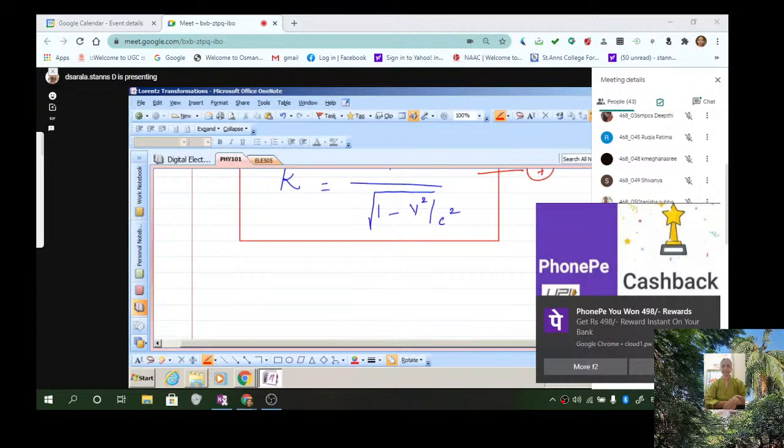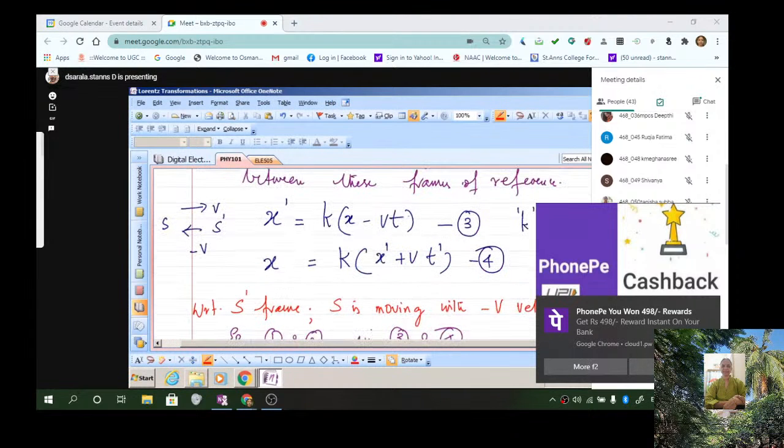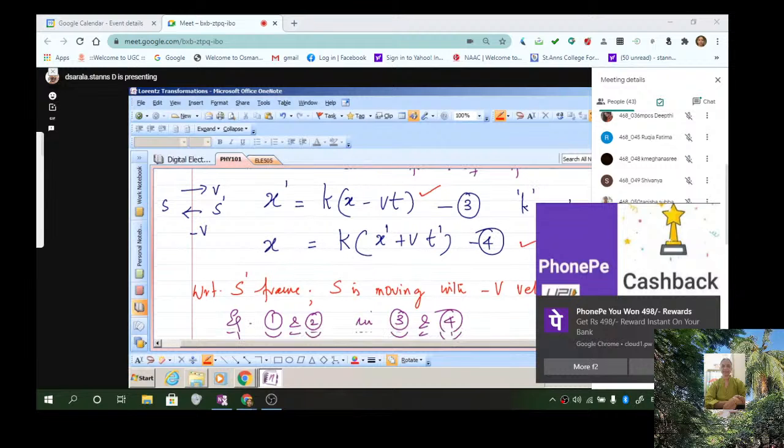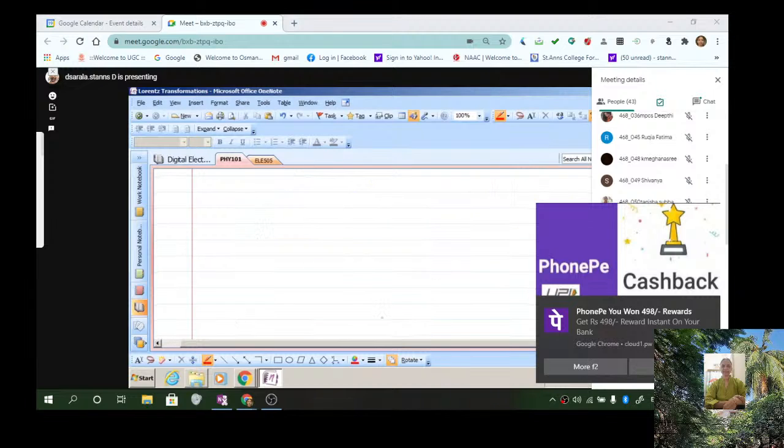So substituting back into which relation? What is the x dash relation? x dash is equal to k into (x minus vt), and x is equal to this. So substituting this value of k into those equations, what you get is x dash is equal to (x minus vt) by square root of (1 minus v square by c square).